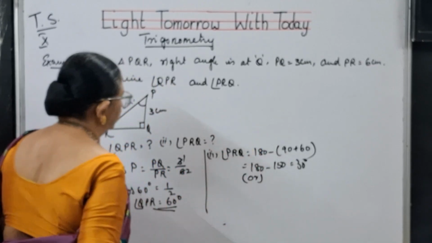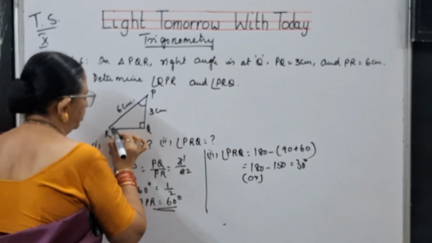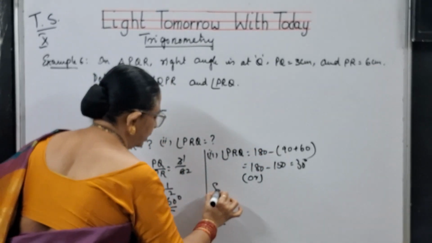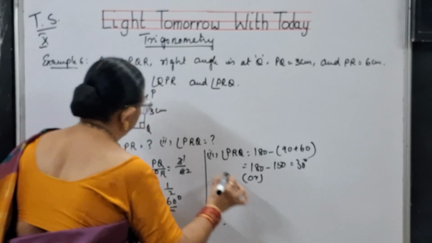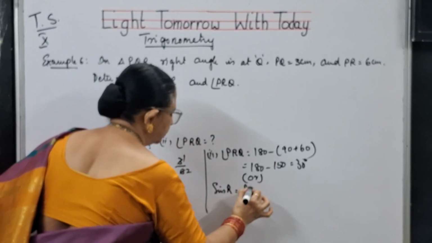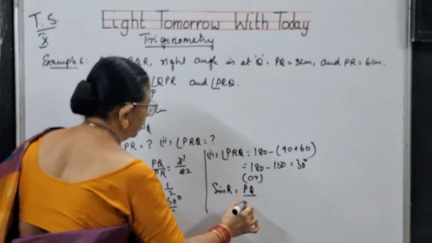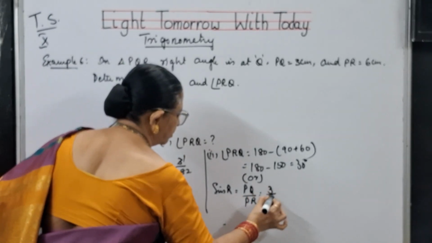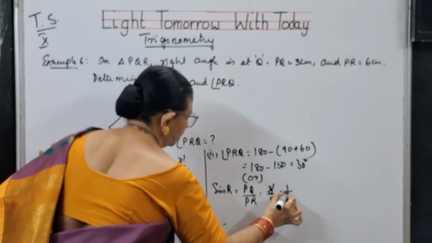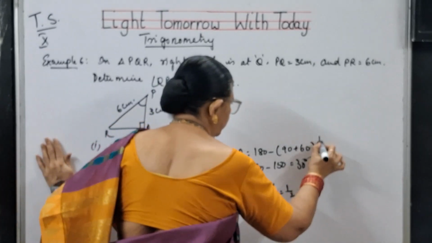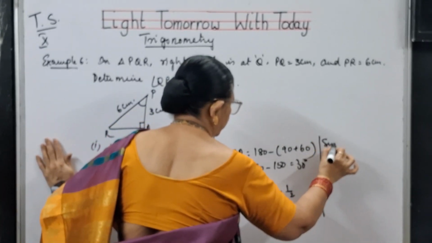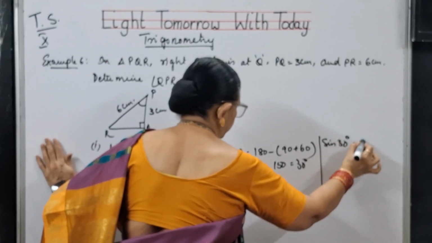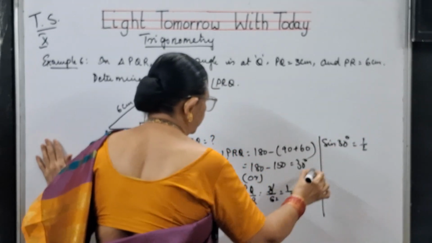And another method is angle PRQ means this angle is sine R. Sine R is equal to PQ by PR, that is equal to 3 by 6, that is 1 by 2. And we know that sine 30 degrees is equal to 1 by 2.